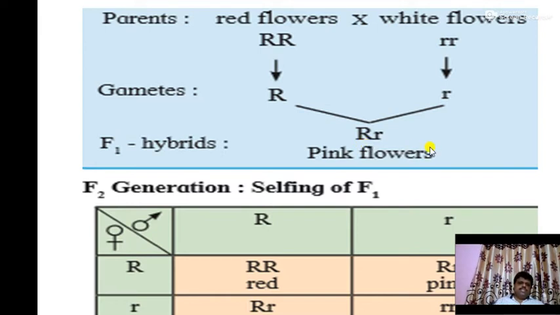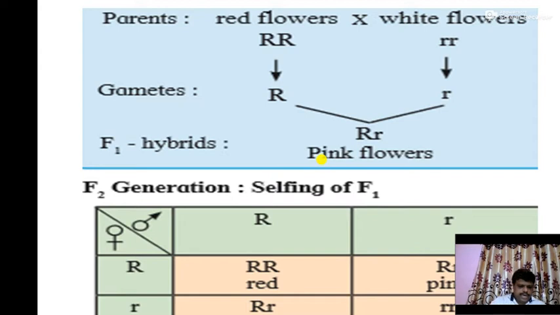As I said earlier, in this F1 generation no one is dominant over the other. Both genes of the allelomorphic pair express themselves partially, so they produce an intermediate character, that is the intermediate pink color. After crossing, they produce a pink flowering plant in the F1 generation.